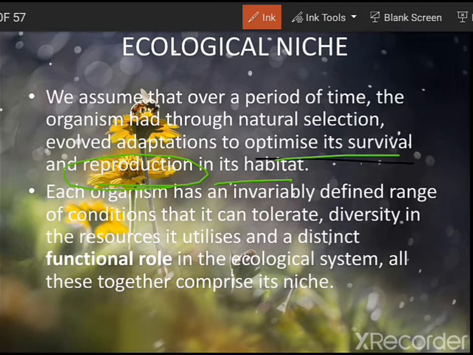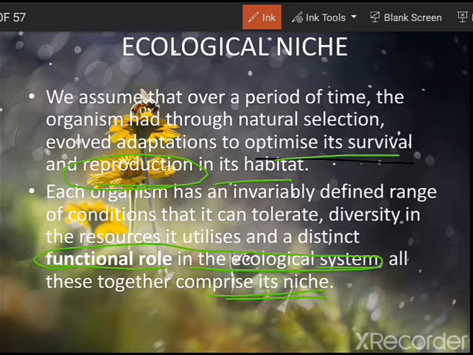Once it gets adapted and fit to this particular environment, this organism can have a distinct functional role in the ecological system. So every living organism can have its own functional role in the ecological system once it has become fit in the environment. And this functional role that is played by an organism in the ecological system is known as niche.